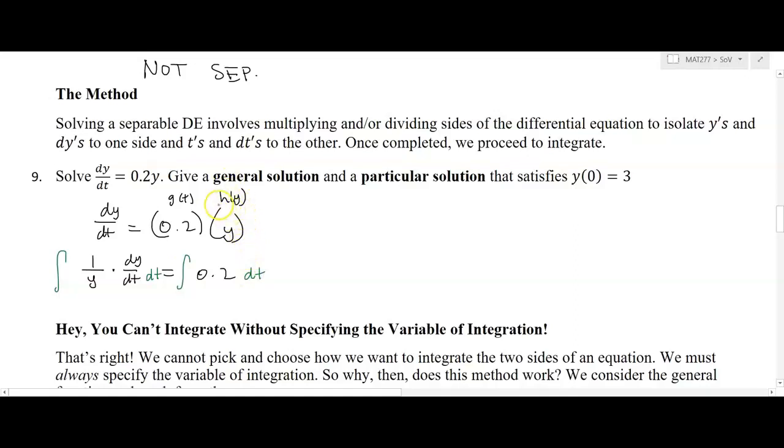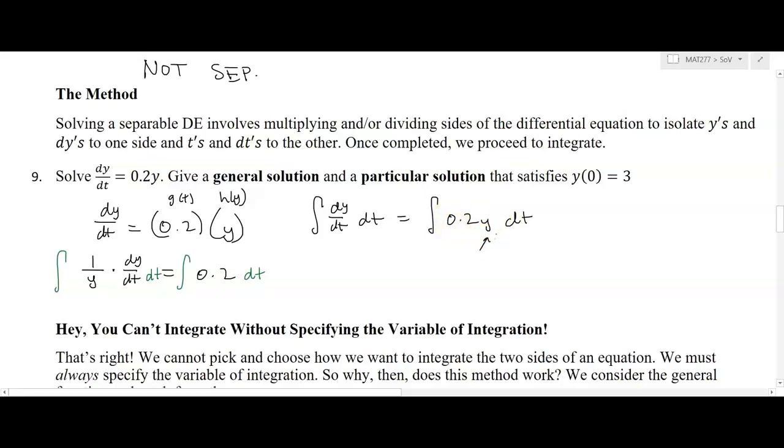Now the issue that we would have if we had just tried to integrate our starting equation is, if we had just integrated both sides normally like this, and then we try to take the integral of 0.2y dt, the problem with this right-hand side is we're trying to integrate with respect to t, but the variable here is a y.